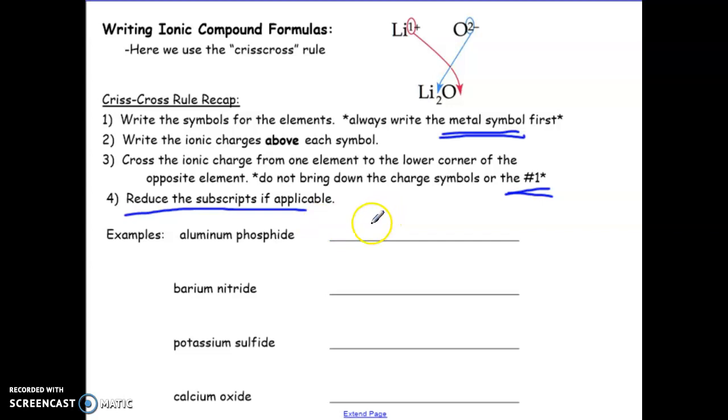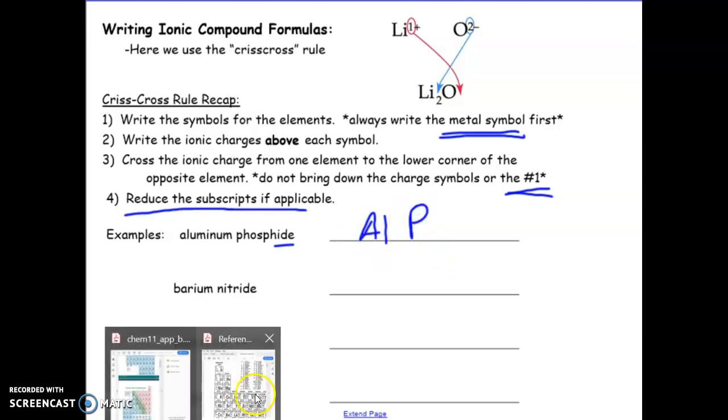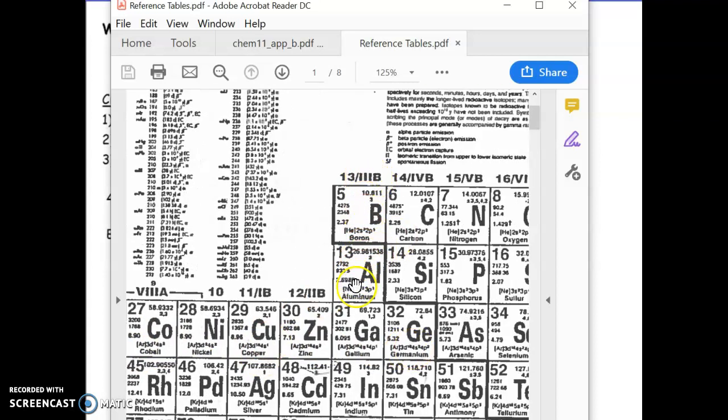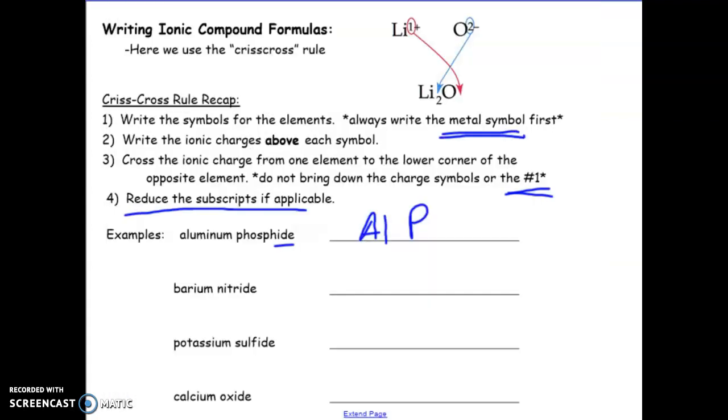So here we have aluminum and phosphide. Remember, the "ide" has been changed, so this is phosphorus. Let's take a look at the periodic table. Aluminum is in group 13, which means it went 1, 2, we skipped over a few, and this is now 3. So there are 3 valence electrons in aluminum.